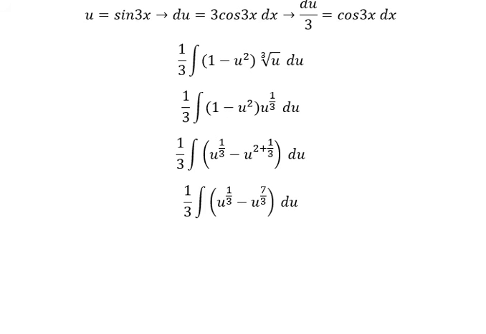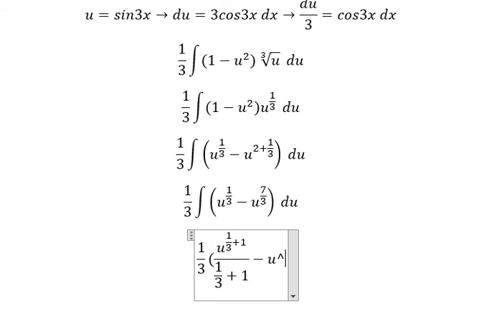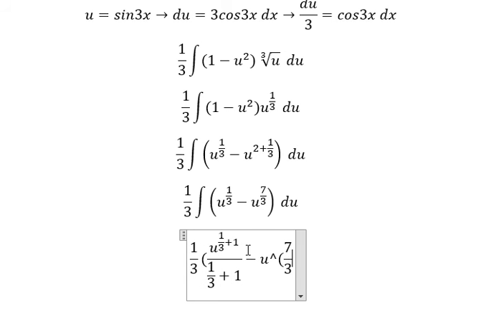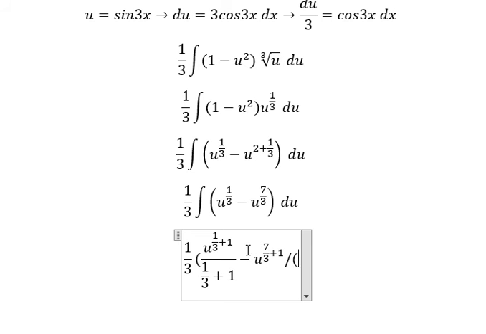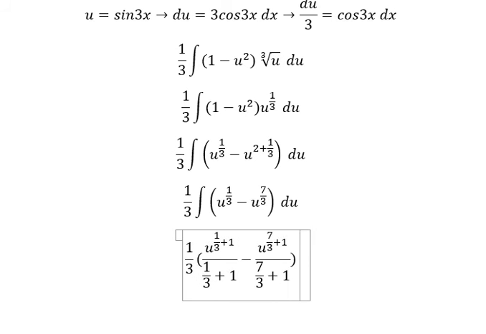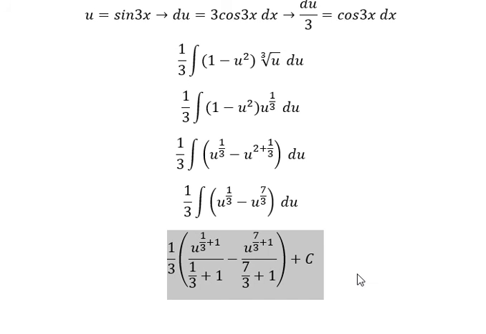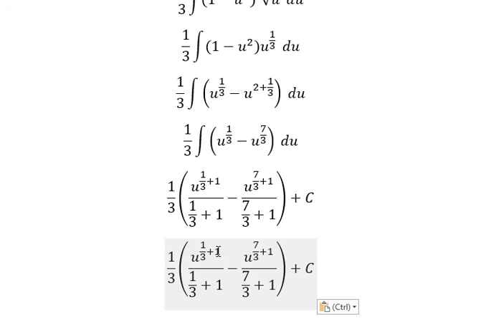And now we have the final answer. The integration of u to the power of 1 over 3 gives u to the power of 1 over 3 plus 1, over 1 over 3 plus 1. Similar for the second one. This one we have 4 over 3.